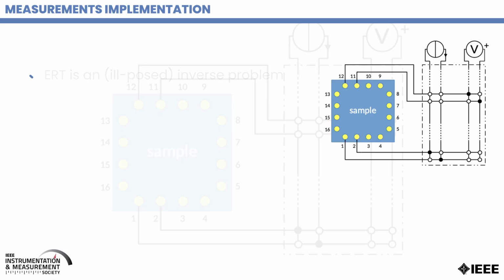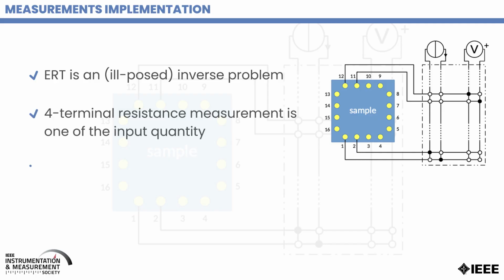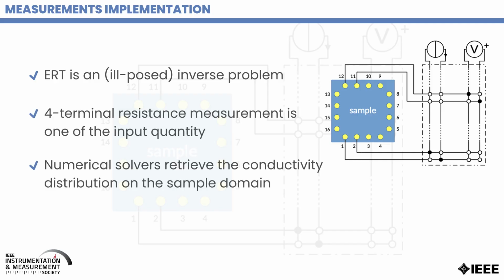Next to this, you need to feed this information to a numerical method which can solve an inverse problem. So the problem of having the one-dimensional information about your electrical resistance measurements and retrieving a reasonable conductivity distribution, which is a two-dimensional object, which represents the distribution of conductivity of your sample.